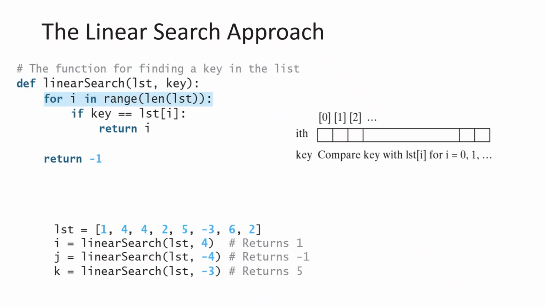So if the element being searched is in this list, it will return its index. If the element is not in the list, it will return -1. The next one, j = linearSearch(lst, -4). -4 is not available in the given list, so it returns -1. k = linearSearch(lst, -3). -3 is also available in the list, so it will return 5.